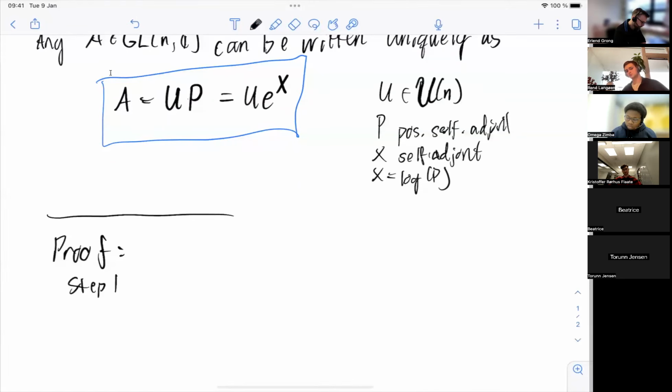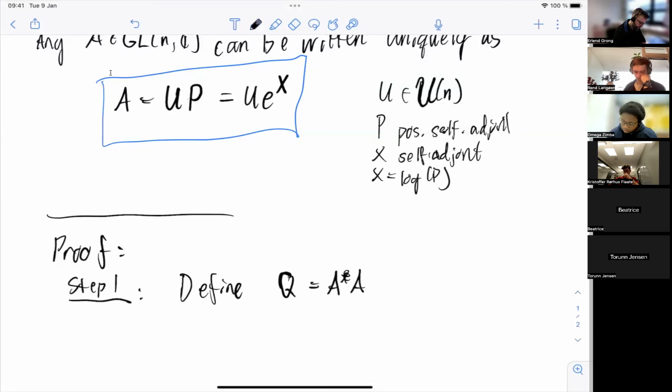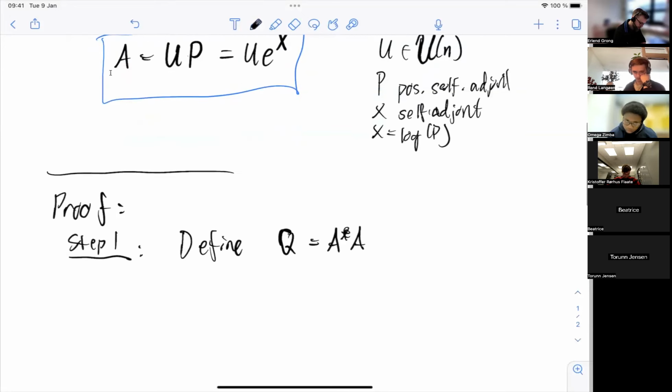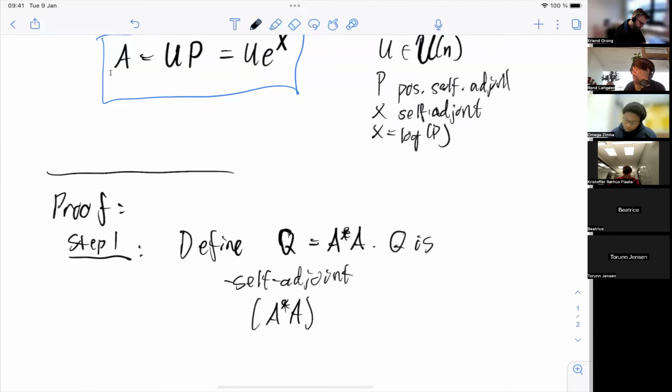We do several steps. So step one. We start off by defining Q, which is A star A. Q will then be self-adjoint, because if I take A star A and do the adjoint, then I have to reverse the order.